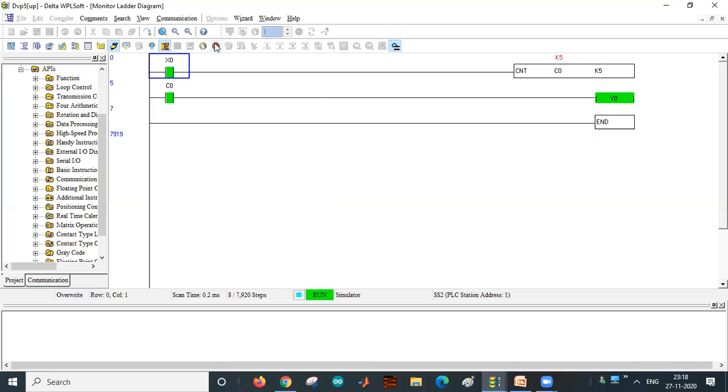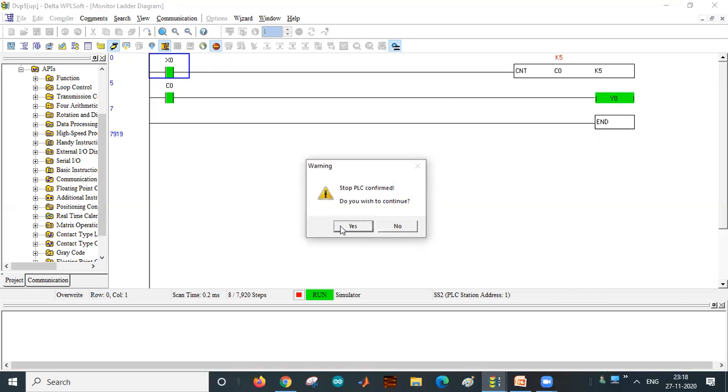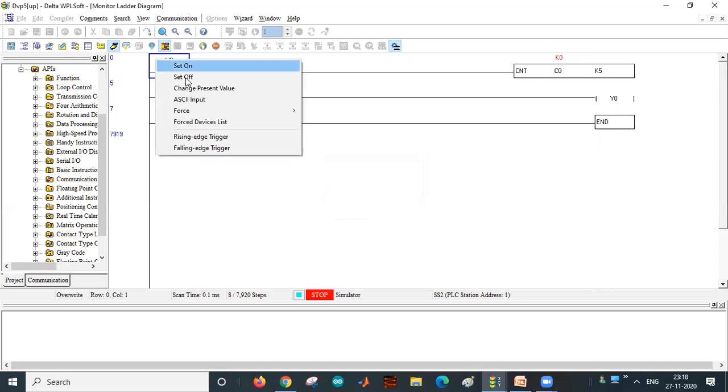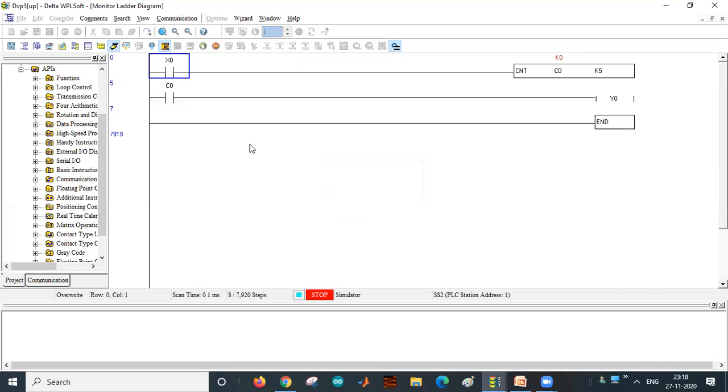Suppose you see here, the PLC is now in running mode. If you stop the PLC, what happens? See here, this counter C0, which is an unlatched counter, comes back to 0. In the middle of the day, if the power is gone, the counter will come back to 0 and we will start counting from 0 again.